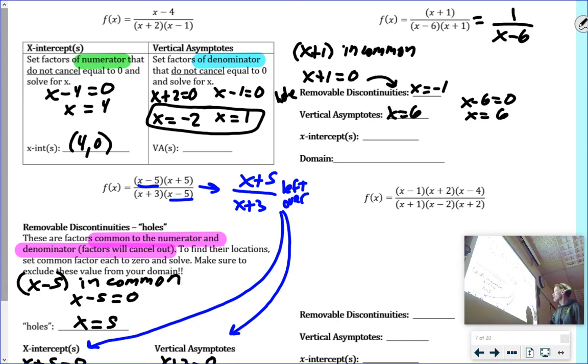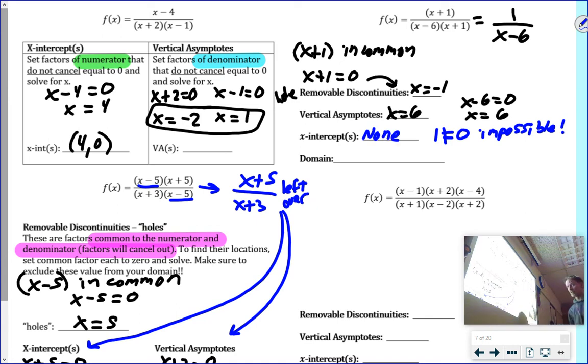The x-intercept in this case, you've got to pay attention here, because notice we do the same thing, right? We set the numerator equal to 0, but in this case, if you try to set 1 equals 0, that's impossible. That's not a thing, right? So when that happens, there are no x-intercepts.